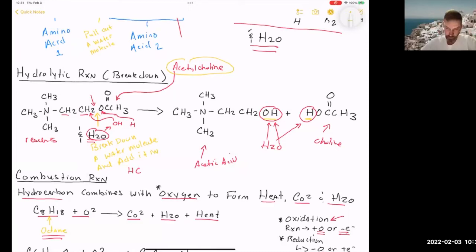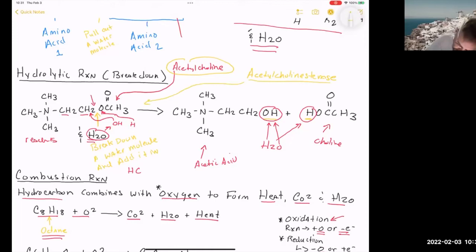And so for this chemical reaction to occur, there is actually an enzyme required, and it is an enzyme that is called acetylcholinesterase. Acetylcholinesterase catalyzes or makes the breakdown of acetylcholine occur more efficiently.